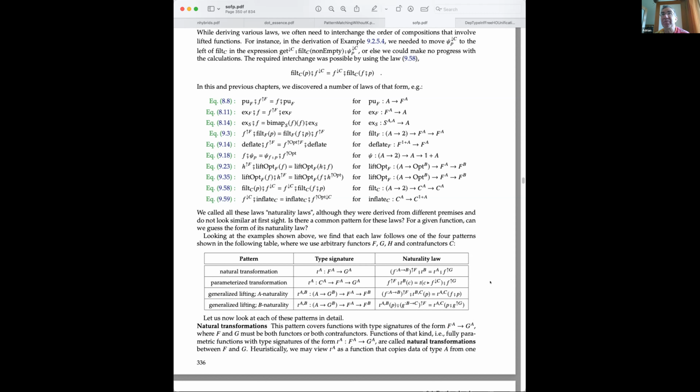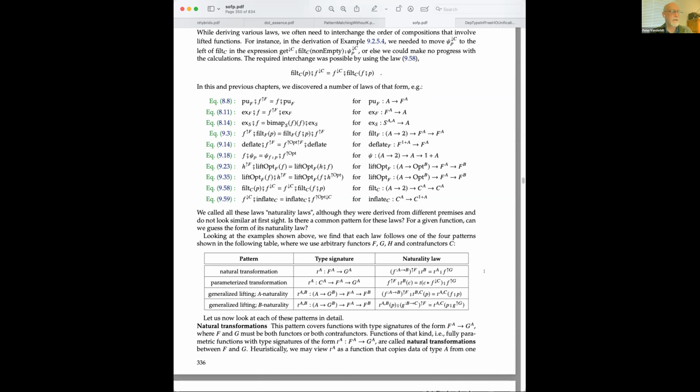I don't know. I know he's going to get into monads, and they're functors, but they have more stuff, and so I know there's laws there.